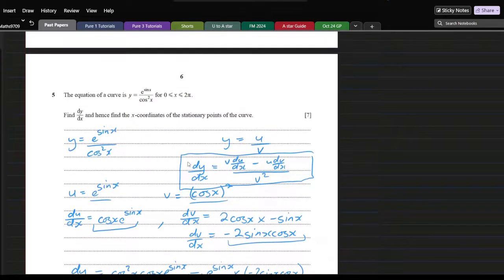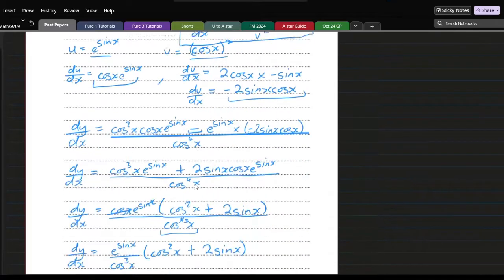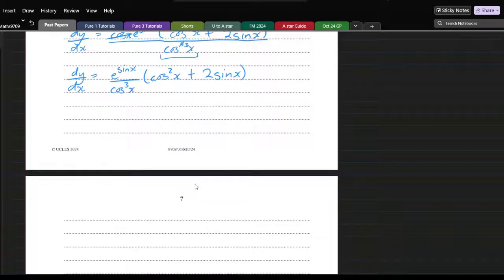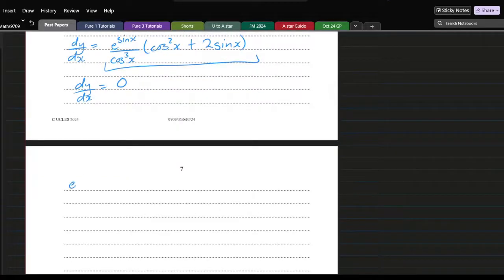Alright, now they've also asked us to find the x coordinates of our stationary points. We know that at a stationary point dy/dx is equal to 0. So dy/dx must be 0, so we can equate our expression here to 0. So that's e to the sine x over cos cubed x times cos squared x plus 2 sine x is equal to 0.